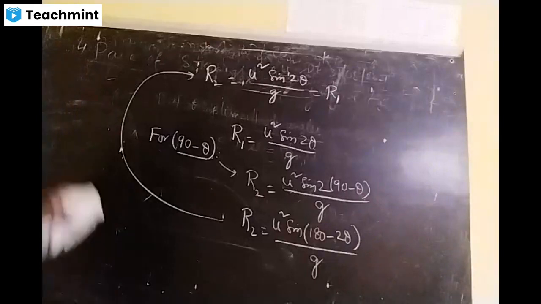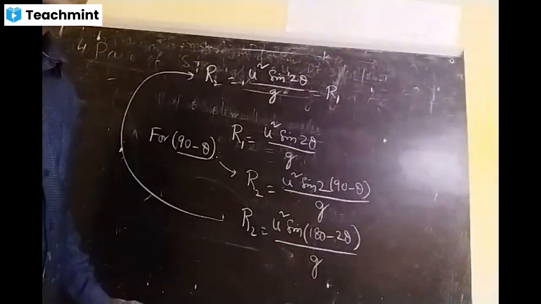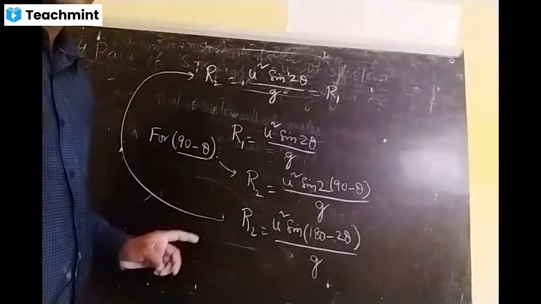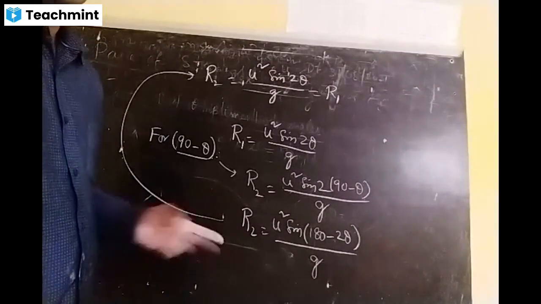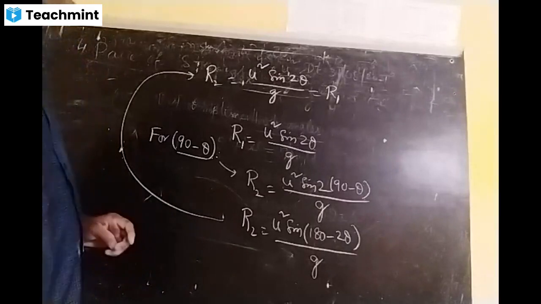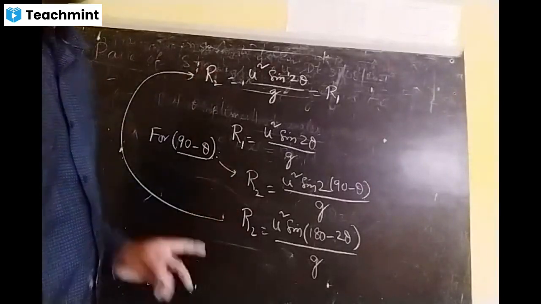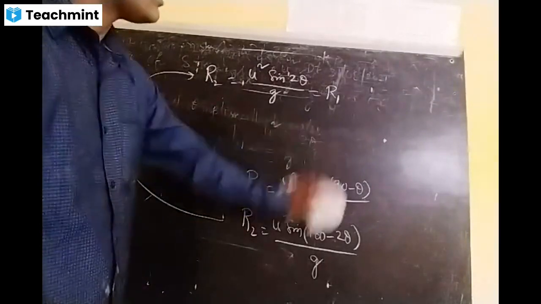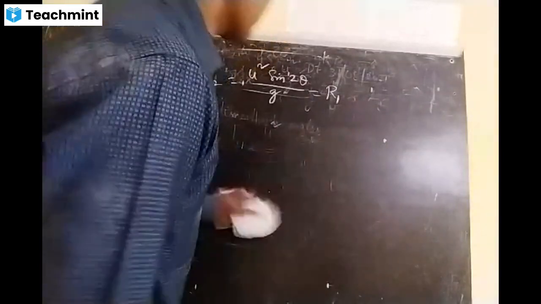Let me write it in sentence form. You are projecting a particle with the same velocity. One is projected with an angle theta and the other with an angle 90 minus theta. Then their ranges will be the same. R2 is equal to R1.